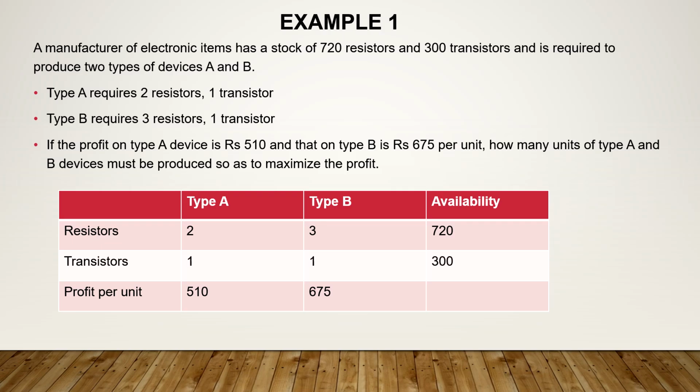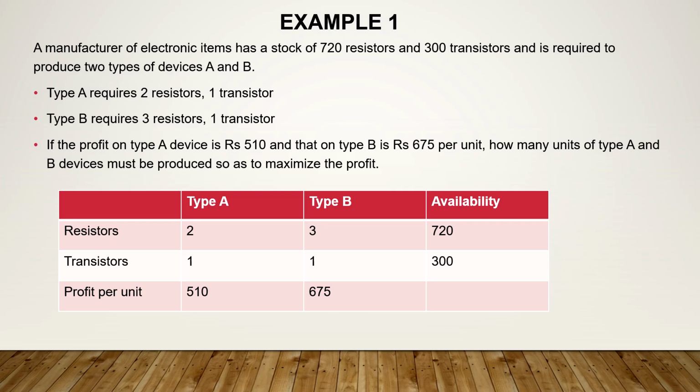If the profit on type A device is rupees 510 per unit and for type B it is 675 per unit, how many units of A and B must be produced so as to maximize the profit? Here your objective is maximizing the profit, and your constraints are in terms of the number of resistors and transistors which are available.